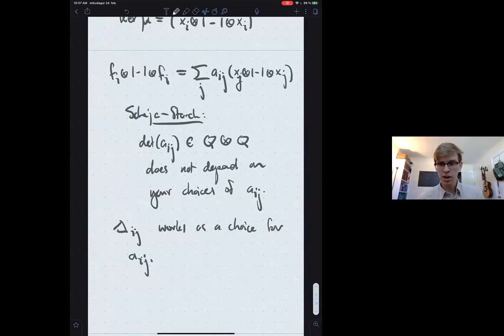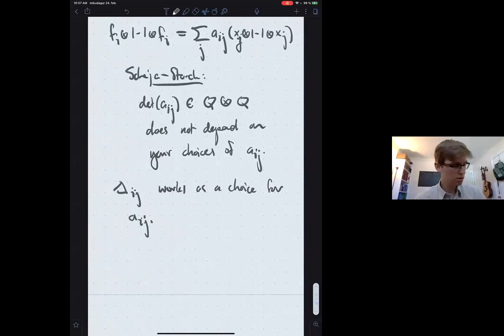And the idea behind this is if you write out, so take the sum of these delta ij's times xj minus yj. This ends up being a telescoping sum.